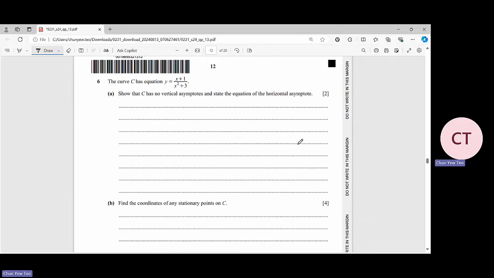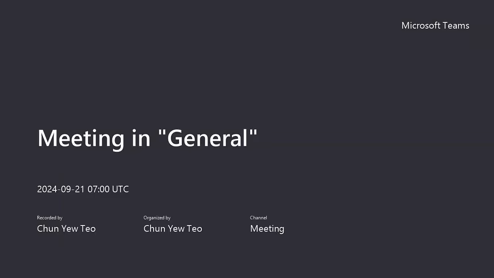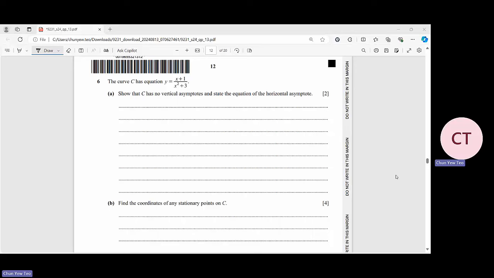Question number 6. Now we take a look at question number 6. The curve C has the equation y equals x plus 1 over x squared plus 3. Show that C has no vertical asymptote and state the equation for the horizontal asymptote.